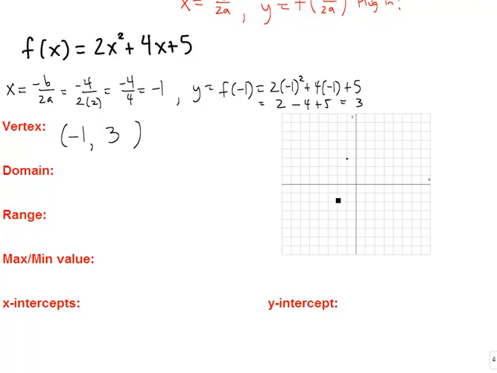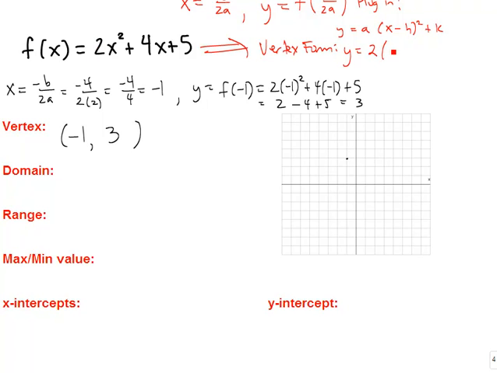To get the graph of this, you can transform your general form, your standard form of your quadratic, and think of it in vertex form. So the vertex form that would be equivalent is going to be a times parentheses x minus h squared plus k. That was our vertex form. So in this equation, what's a? It's the same a that we had in the original problem, that coefficient of x squared. So a is 2.